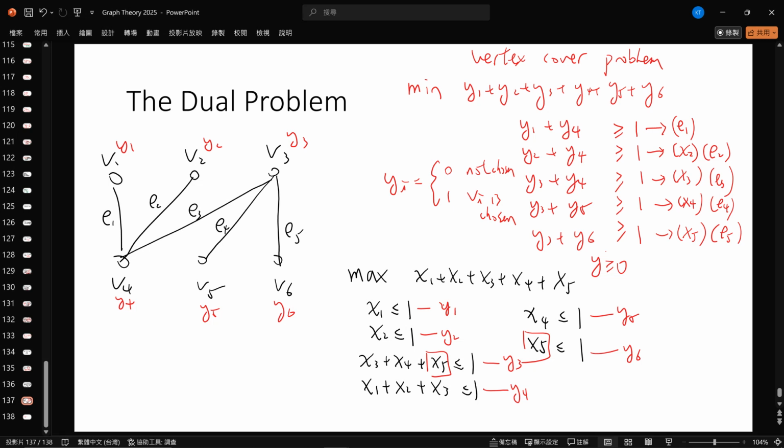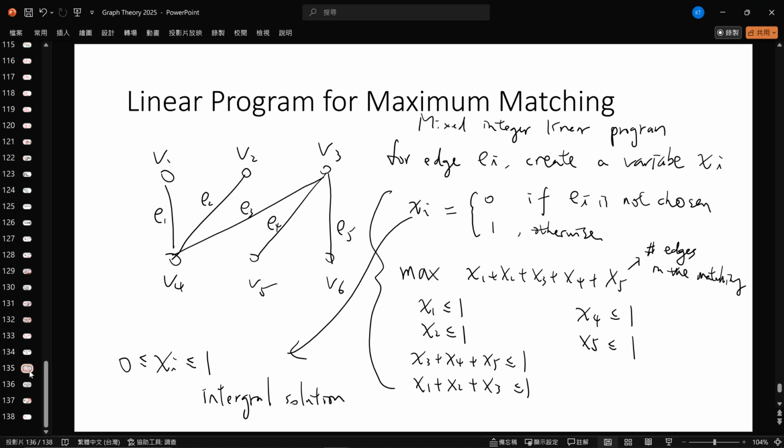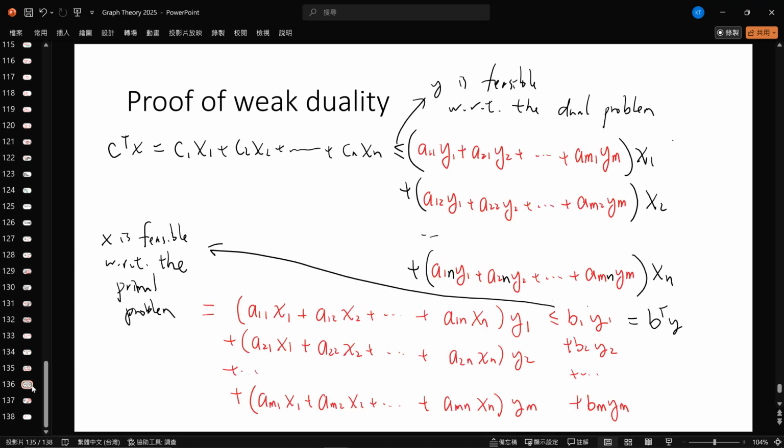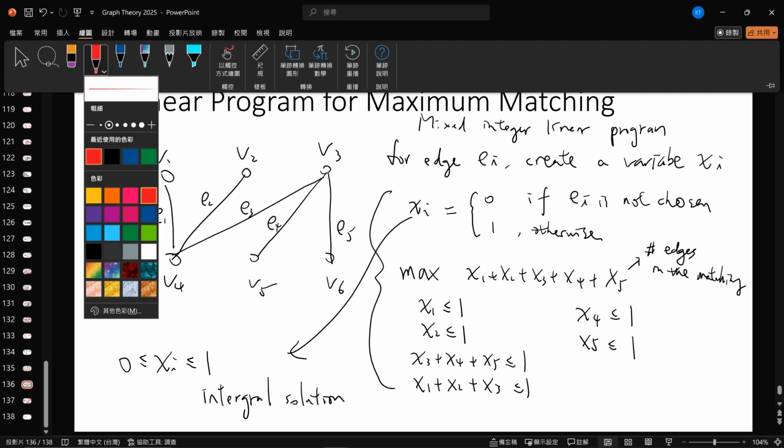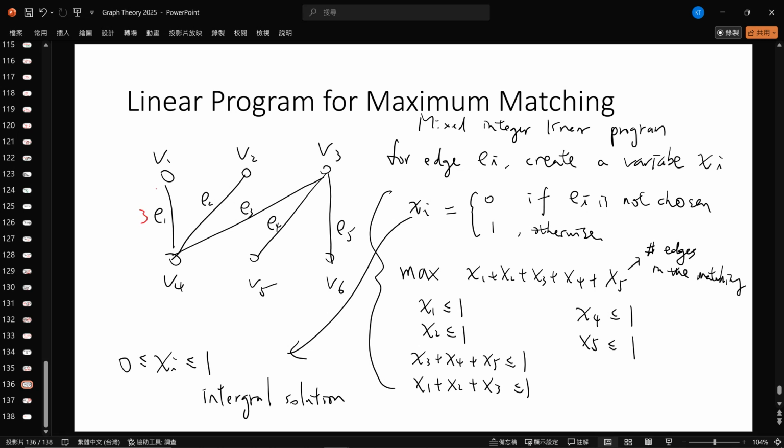So actually, we can consider a more general problem. Let's consider the maximum weighted matching problem. In the maximum weighted matching problem, edges have weights. So once again, let's start with the primal problem.